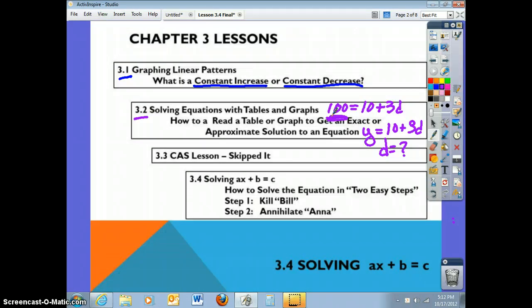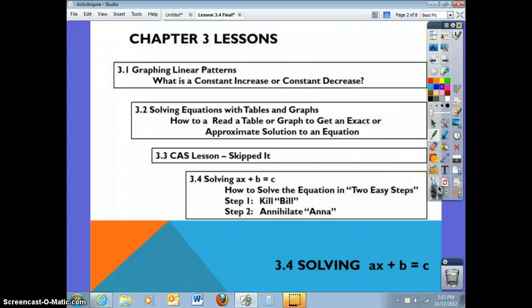In this case, I should have said not d here, but 3x. So you're really solving for x in the graphing calculator. You change this to this, put it in your graphing calculator, and scan down in the y column until you get to a d, or x in this case, where the y is 100.